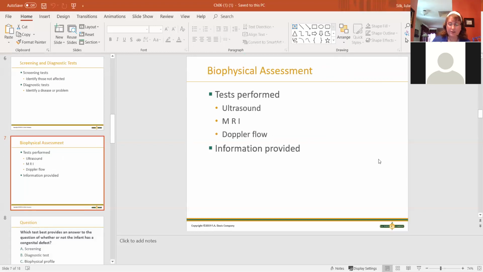All right, so then on these further slides, this kind of gets into a little bit more detail about some of these tests. So biophysical assessment, we're going to talk about that first. So what they do is they do an ultrasound. This is used to obtain the following information. So we want to see the presence of a gestational sac.